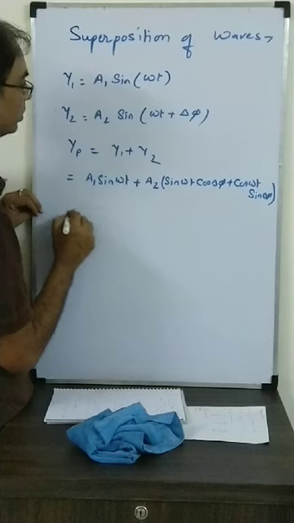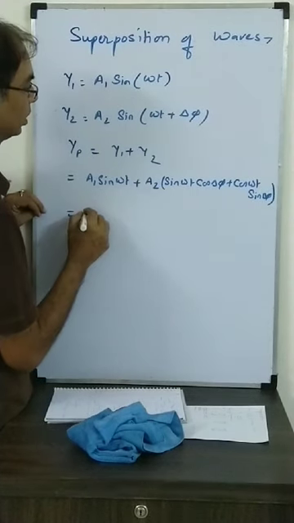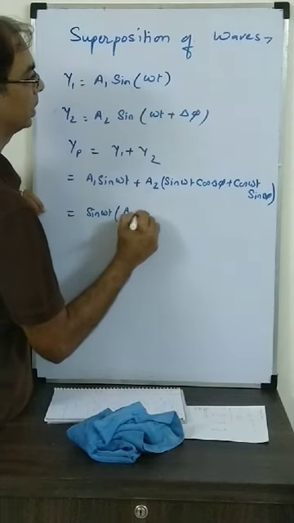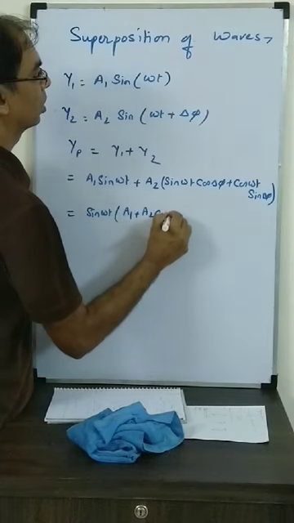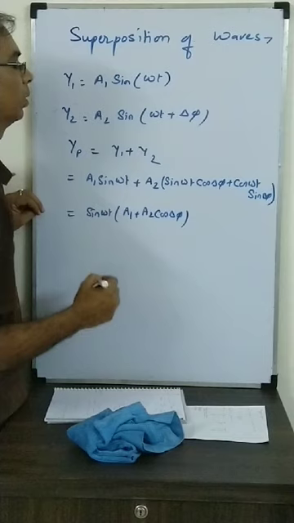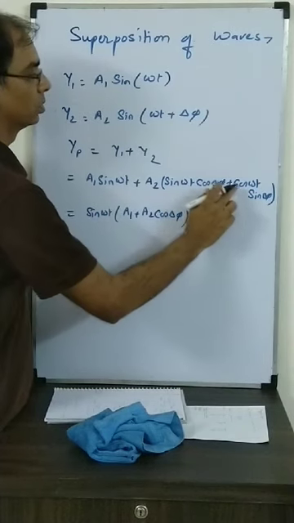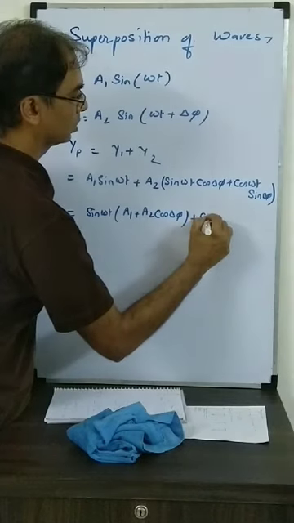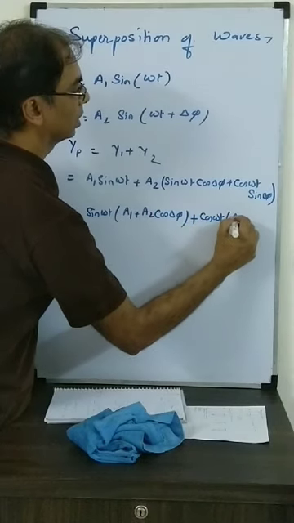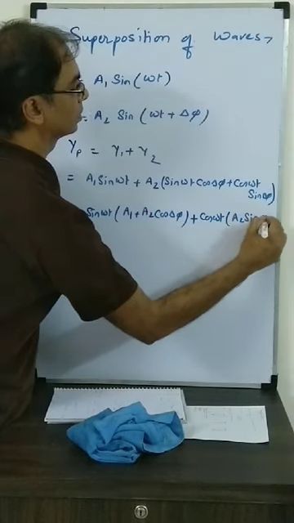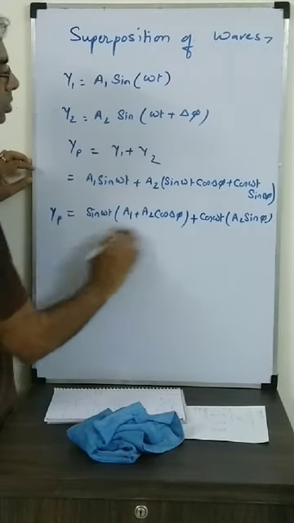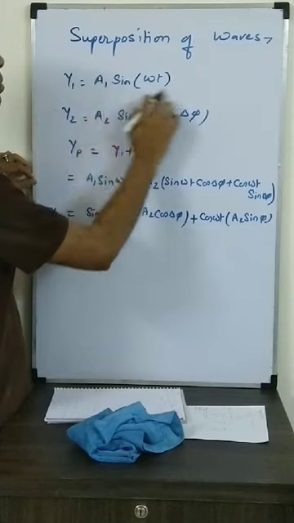If I take sine omega t common here, it will be A1 plus A2 cos delta phi. Now what is remaining? Cos omega t A2 sine delta phi. This is yp.